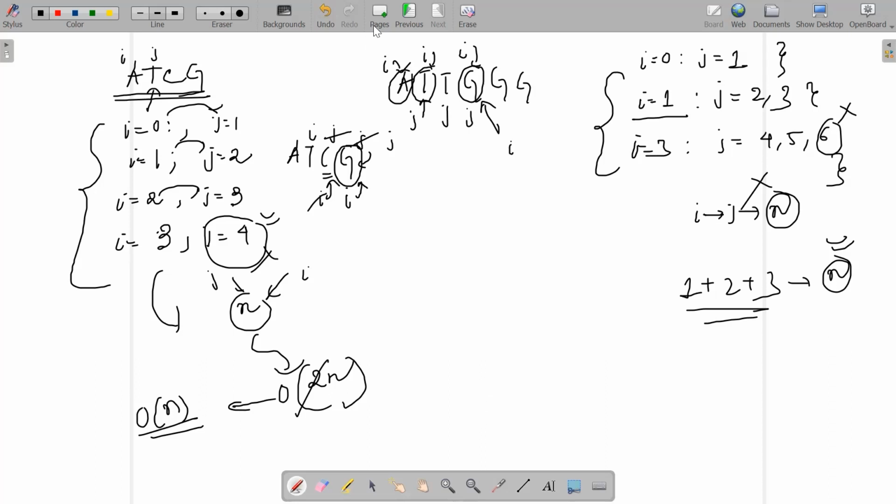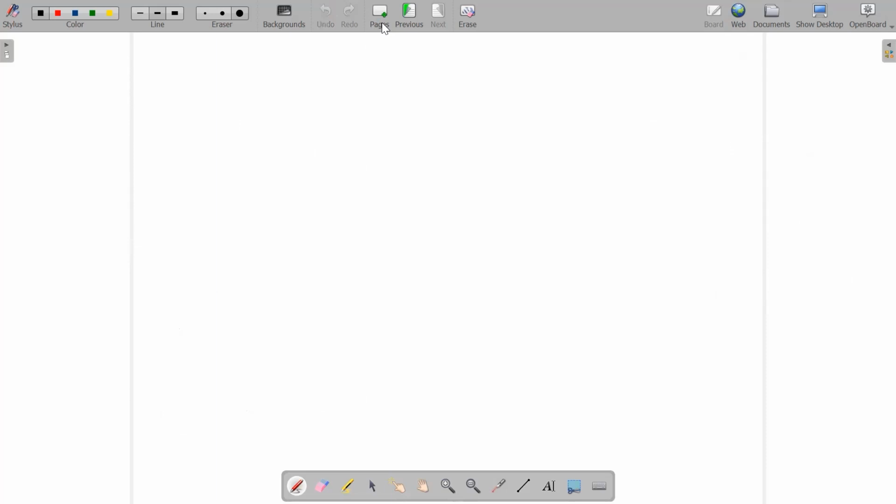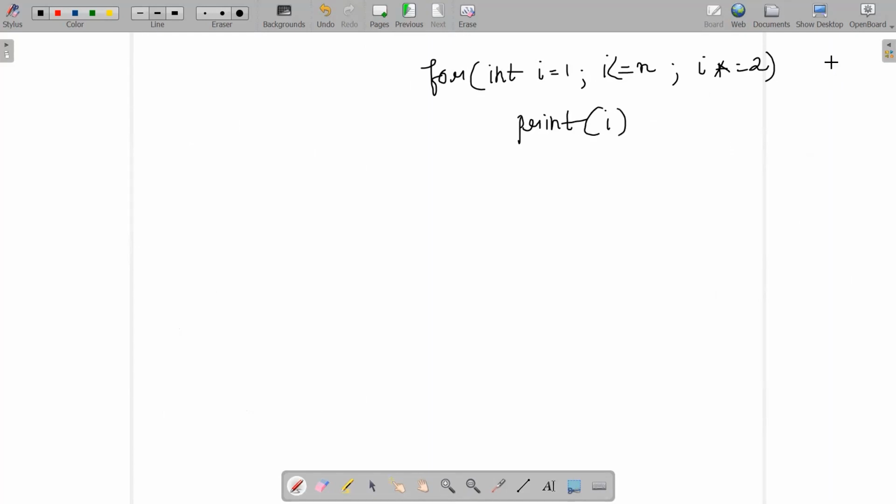Okay, fine. Let's move on and see another example that's quite a bit interesting, I think. Let's say here that for I that starts from 1, I goes till less than or equal to n, and let's say I multiplied equal to 2, and print the value of I. Can you try this?